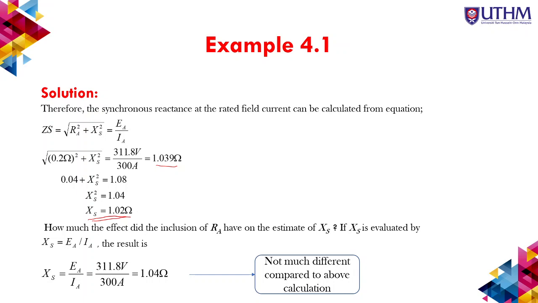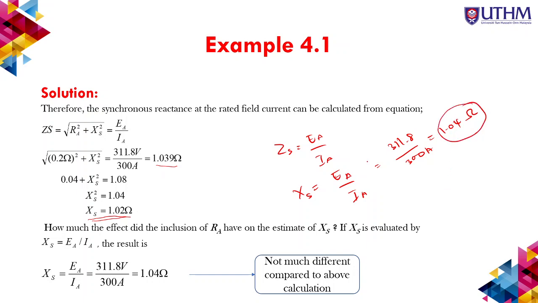Now try assuming that the RA is 0. From ZS equal to EA over IA, with RA at 0, we can use this equation. So we get 311.8 divided by 300, which gives 1.04 ohm, compared to 1.02 ohm when RA equals 0.2 for the XS.